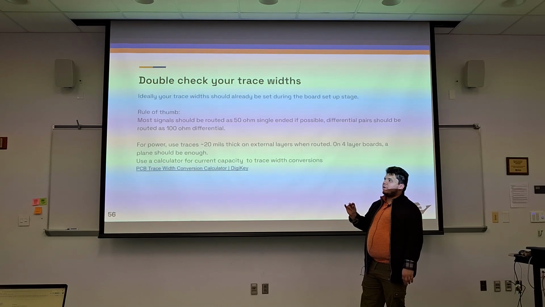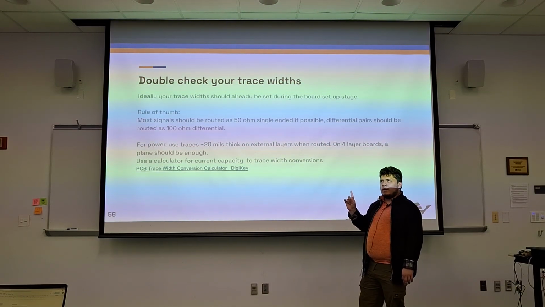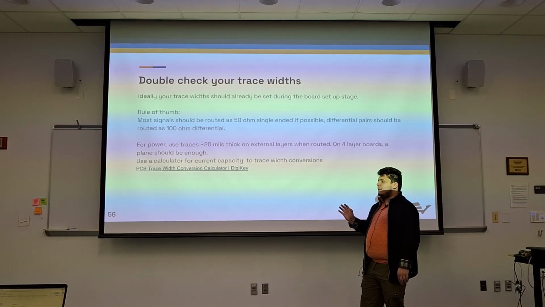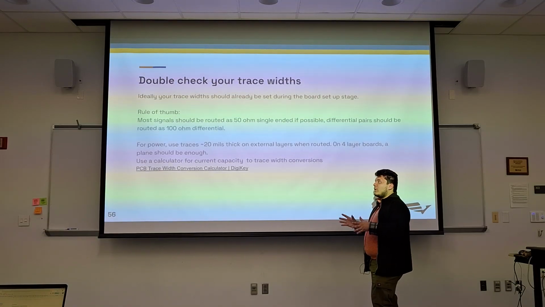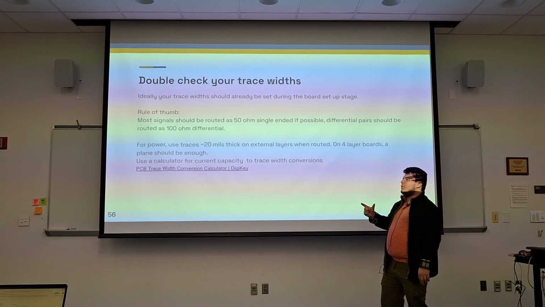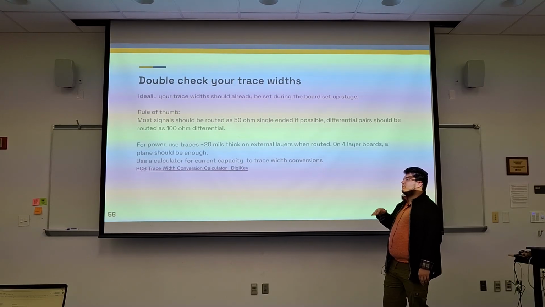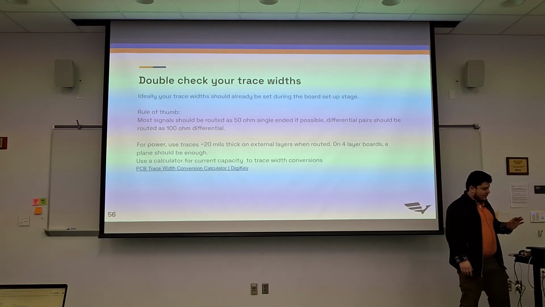If you're running power on internal, I'm not worried because I expect y'all are using planes. And so riding over planes, you're usually going to be more than enough. But if you have to route internally, since you don't plate over, you're usually going to need wider traces. But use a calculator. They exist.